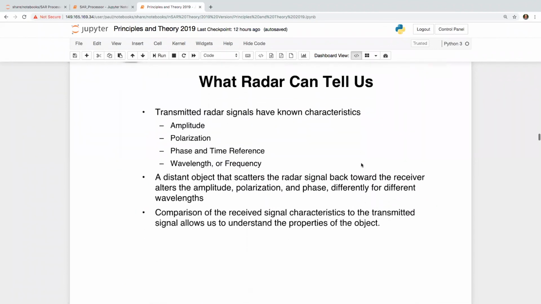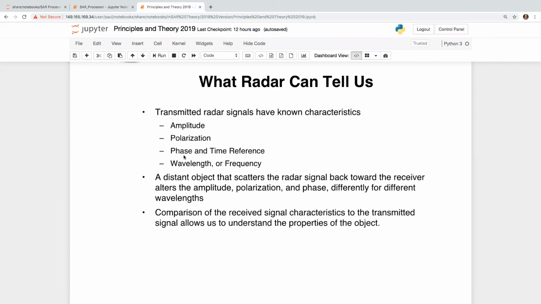Okay, so I have about 20 minutes left. What can radar tell us? We transmit a signal that has known characteristics. We're in control of this, unlike sunlight for optical images. So we know how much amplitude, how much power we radiate. We can set the polarization, either vertical or horizontal or circular.